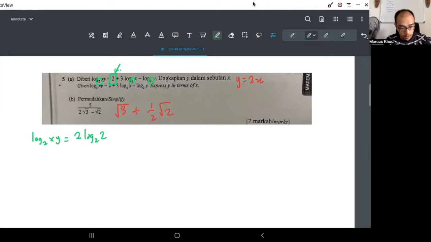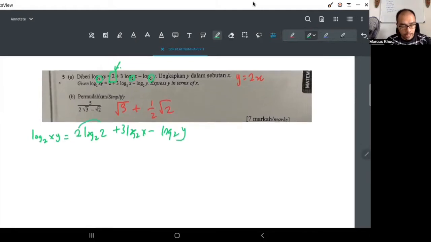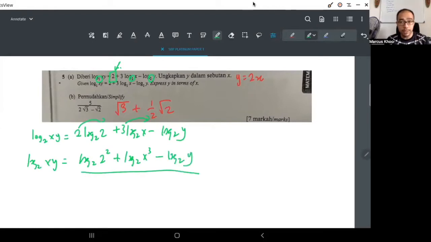Plus 3 log 2x minus log 2y. Then you bring the powers up. So log 2xy equals log 2 to the power of 2 plus log 2x to the power of 3 minus log 2y. And this you combine, just combine. Log 2xy equals log 2 of 2 to the power of 2, which is 4, so 4x cubed over y.